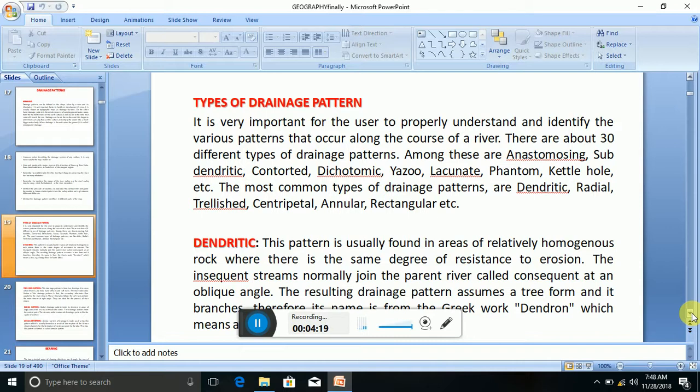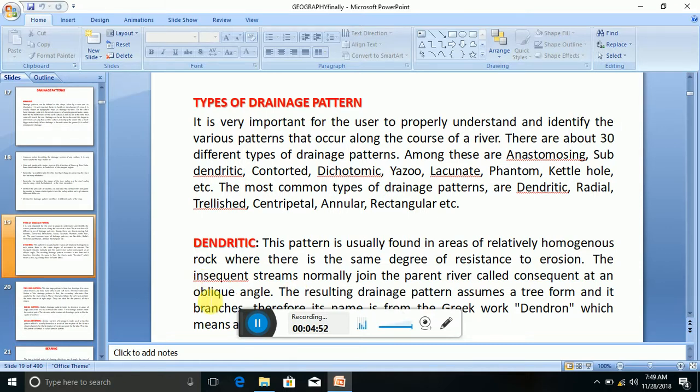Now, first of all, let's look at the dendritic pattern. This pattern is usually found in areas of relatively homogeneous rock, where there is the same degree of resistance to corrosion. The incipient streams normally join the parent river, called the consequent, at an oblique angle.